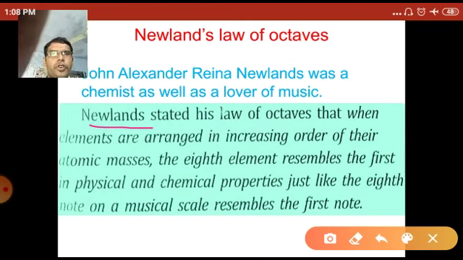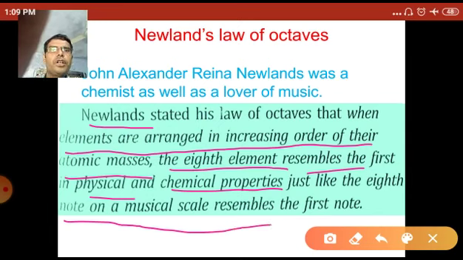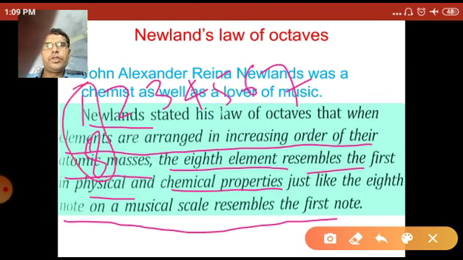Newlands stated his law of octaves: when elements are arranged in increasing order of their atomic masses, the eighth element resembles the first in physical and chemical properties, just like the eighth note on a musical scale resembles the first note. So when they arrange the elements 1, 2, 3, 4, 5, 6, 7, then the eighth element has physical and chemical properties similar to the first element.